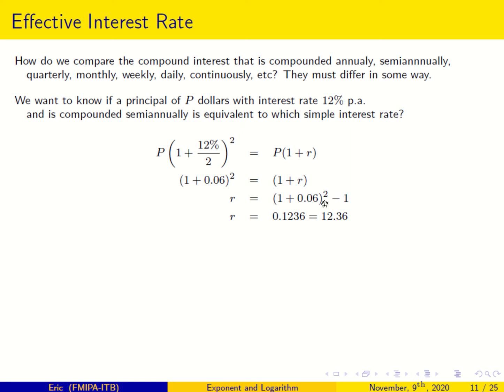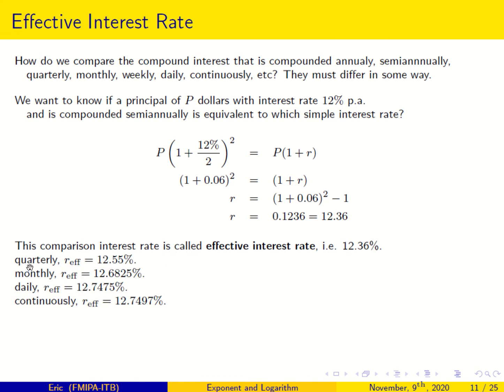It is a little higher, 12.36. I can do the same thing for quarterly. Quarterly, it means every 3 months. Monthly, daily, continuously. So the effective interest rate is different.